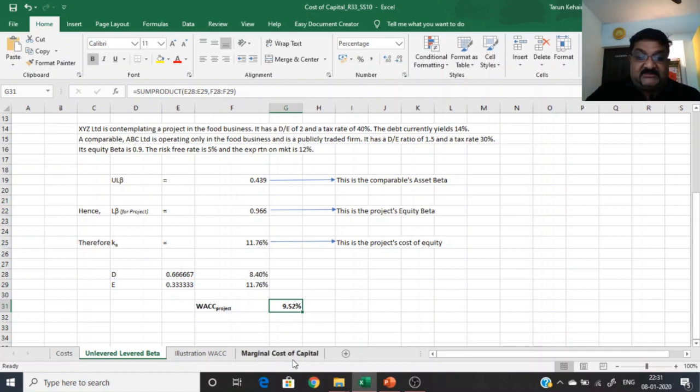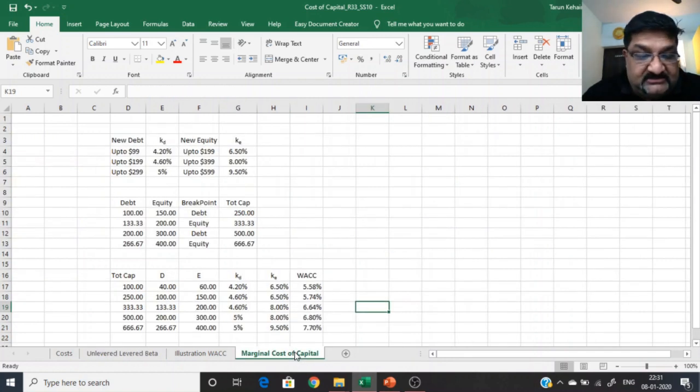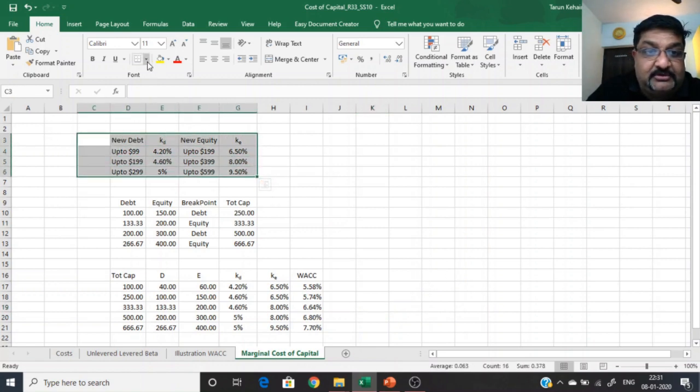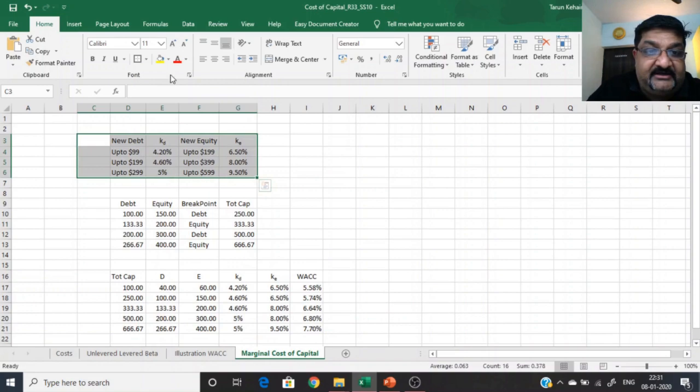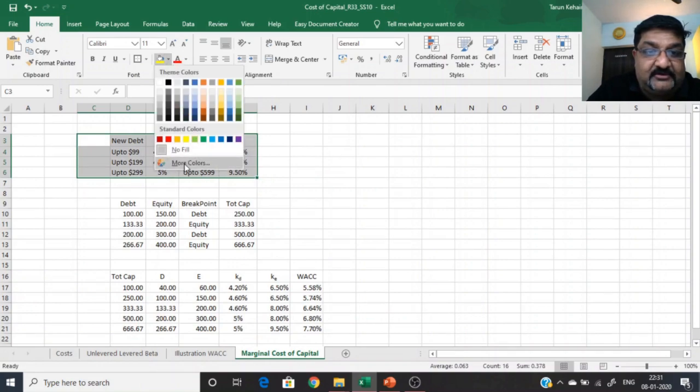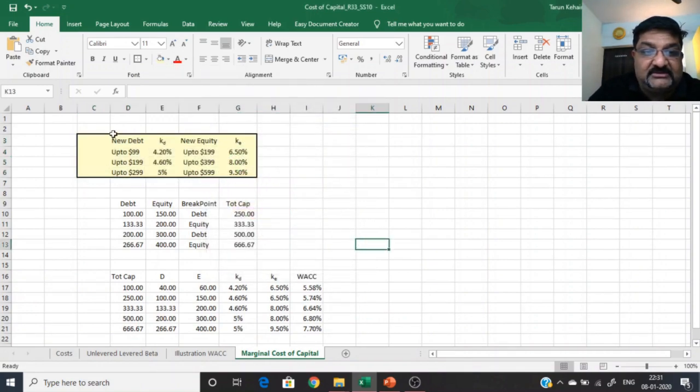Now we come to the last part of this particular study session, reading rather, which is the marginal cost of capital. Now let's say a bank has offered these terms. I'm going to shade them in a different color so that it's easier for us to refer to. So here it is.